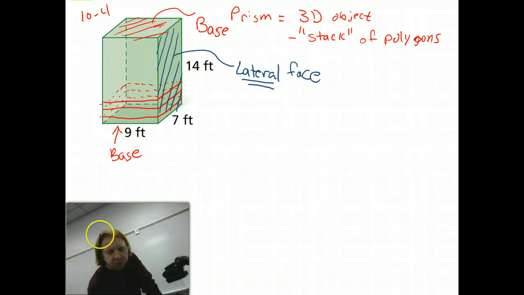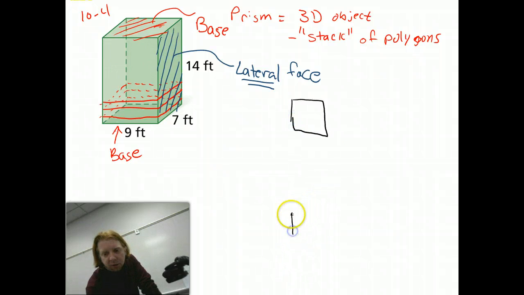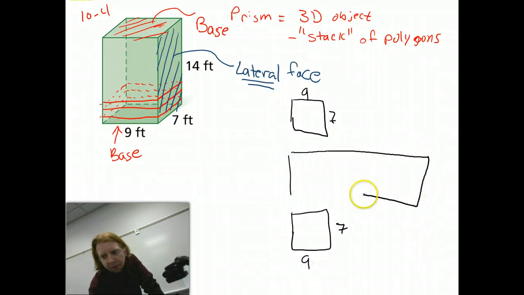What we're going to do with this particular box, when we go to find the surface area, is talk about the 2 bases. So there's a base and there's a base, and in this case, it's 9 by 7 and 7 by 9. And then we've got what we call the lateral area.